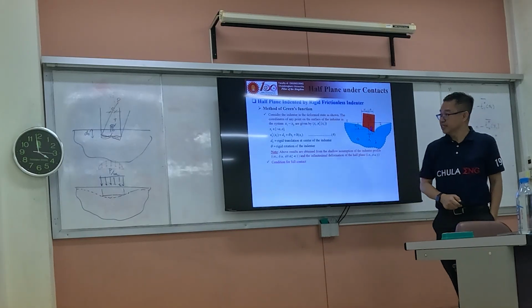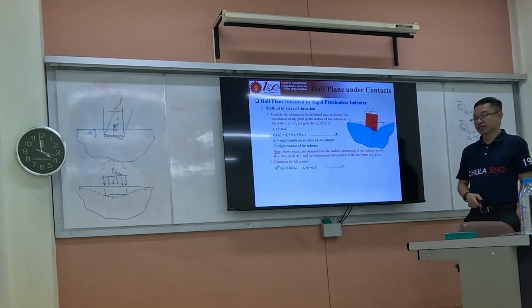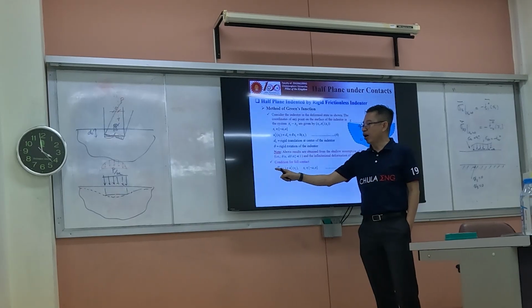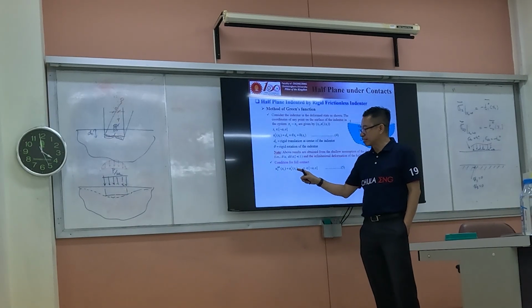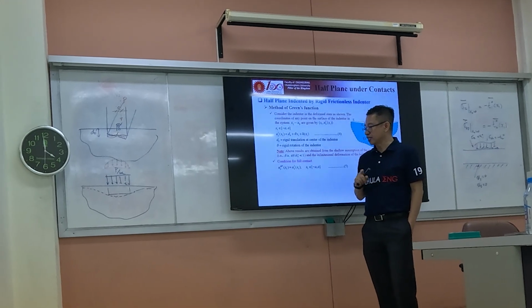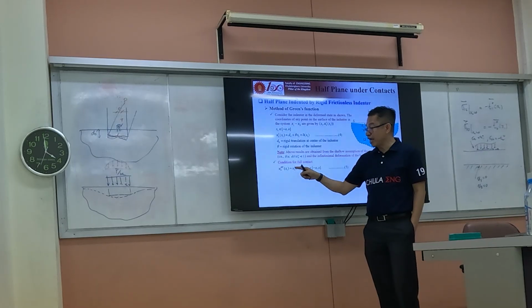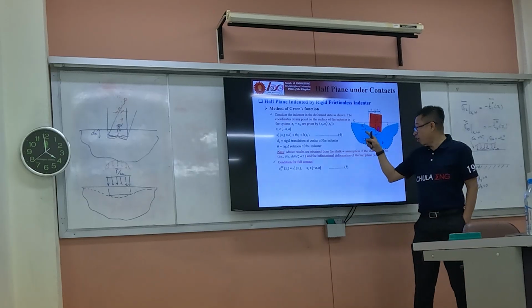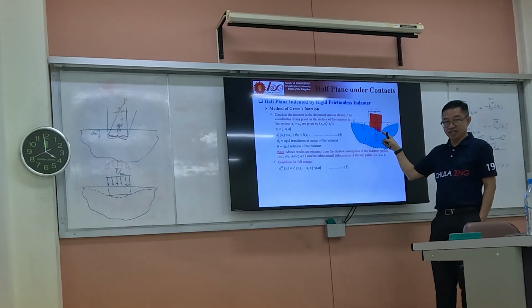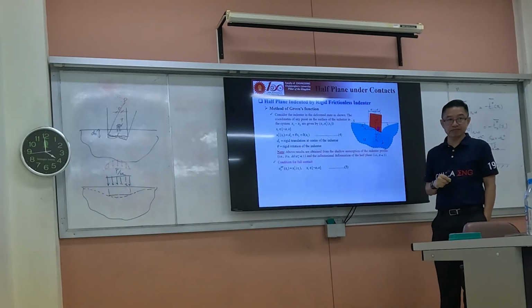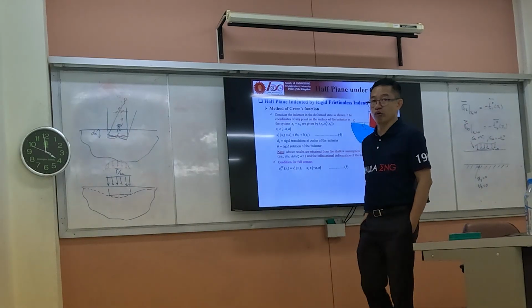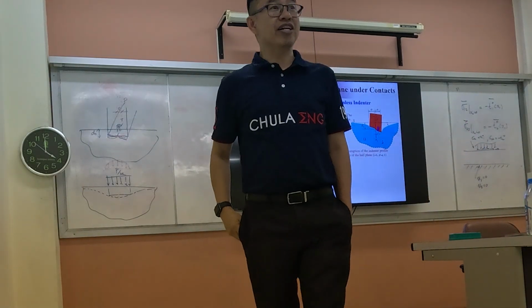At every point along the contact region. So U2HP is the surface displacement of the half plane. This is the displacement at the point on the profile of the indenter. Okay, the two have to be the same. And they have to be the same for all points between minus A and A. Not some points, for all points. Okay, to make sure that everywhere here, you don't see a gap, you don't see overlapping. This is the condition that you need to enforce.